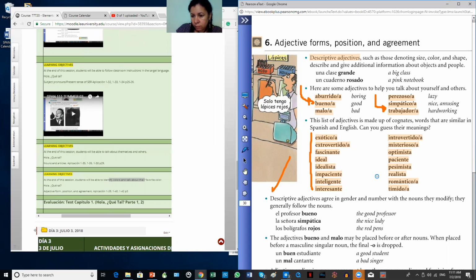Inteligente. Interesante. Introvertido. Misterioso. Optimista. Paciente. Pesimista. Realista. Romántico.